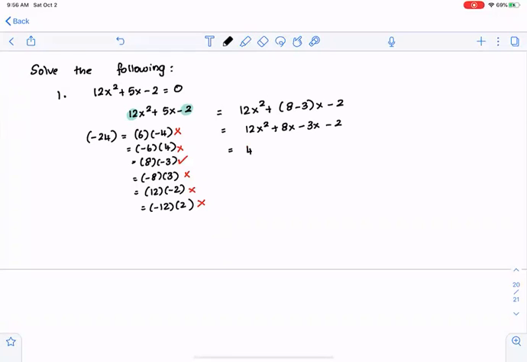I have 4x in common. If I pull 4x out of 12x squared, I'll have 3x. If I pull 4x out of 8x, I have 2. If I pull negative 1 out of the last two terms, I would have 3x plus 2. Now I have 3x plus 2 in common.